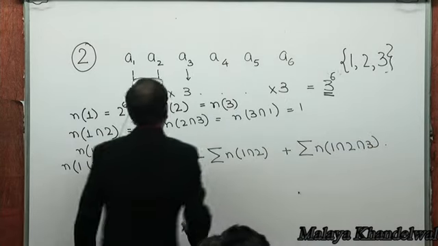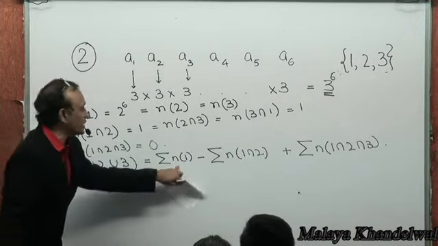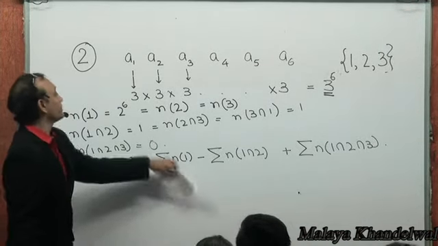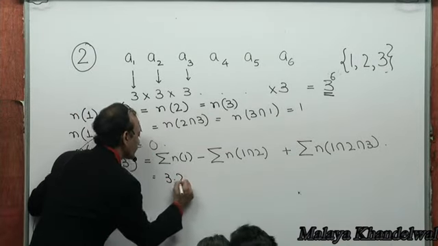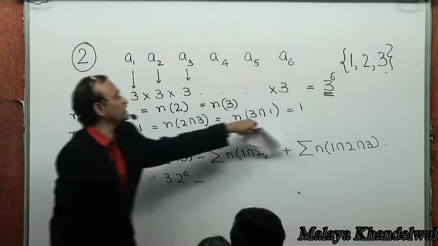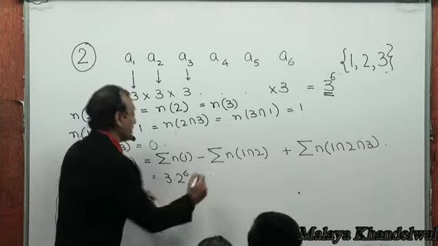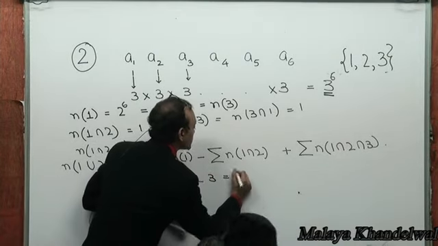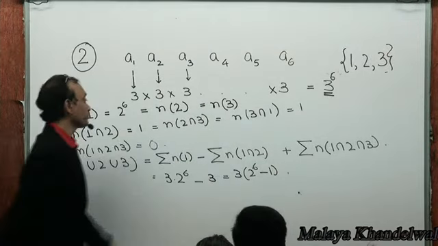Yes or no? So n1, each of these is 2 to the power 6. So n1 plus n2 plus n3 is 3 into 2 to the power 6. Now each of these 1 and 2, 2 and 3, 3 and 1, which are included in the summation, each one of these is 1. So that makes it 3. So that makes it 3 into 2 to the power 6 minus 1.